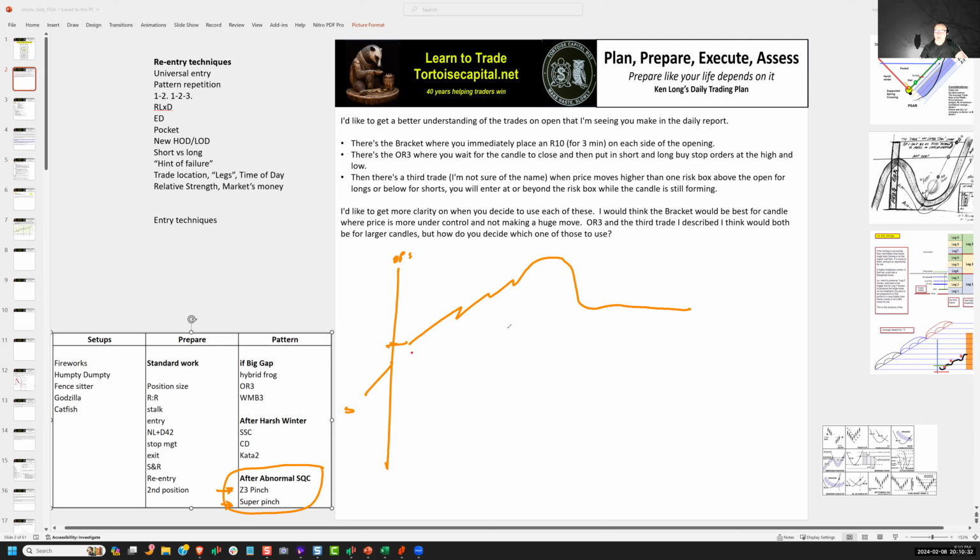And so the Bollinger Band mean kind of looked like this, and that's not unusual to see. And the Z3 lines probably look like this, and now they compress.